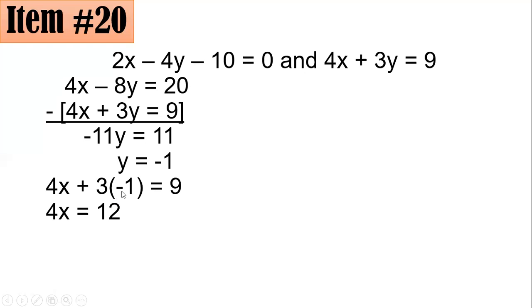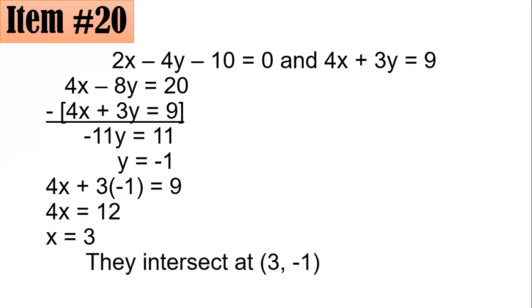So adding 3 to both sides gives you 4x equals 12. And dividing both sides by 4 gives x equals 3. So we have now the values of x and y. And the point of intersection is in the format (x, y), placed inside parentheses and separated by a comma. So they intersect at the point (3, -1). In this case, letter B.